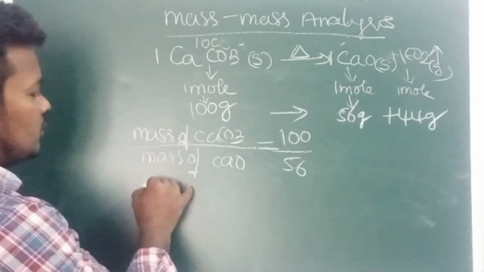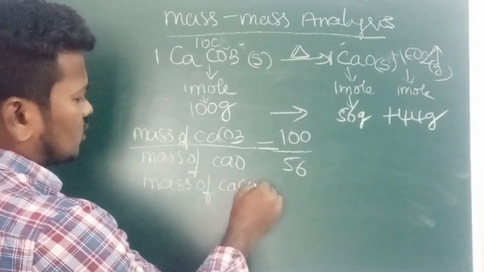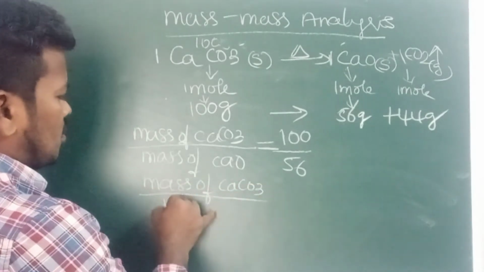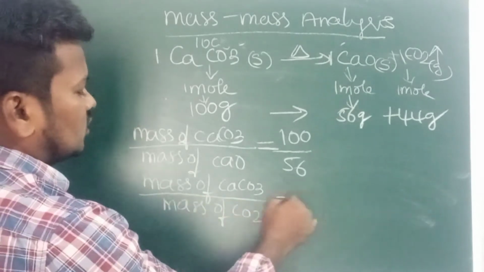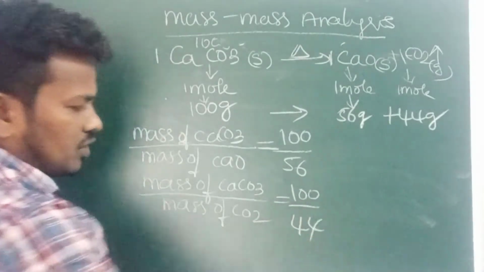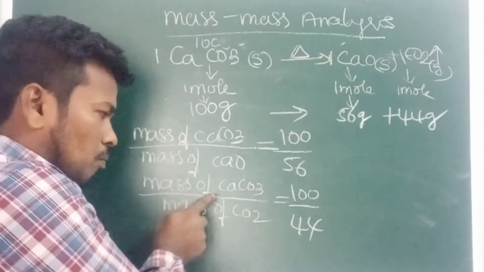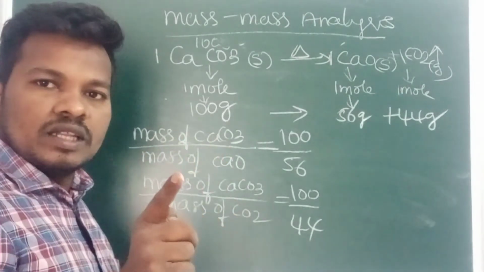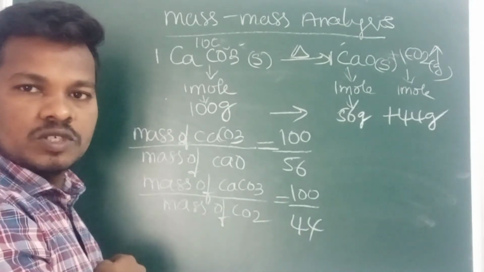Similarly, mass of CaCO3 upon the mass of CO2. Mass of CaCO3 is 100, mass of CO2 is 44. Like this we can easily calculate it, right? If the mass of CaCO3 is given and they are asking about the mass of CO2, you can calculate it using this equation.